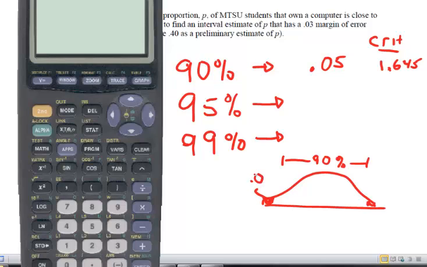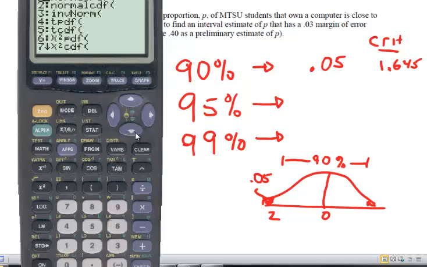So if that's 0.05, how do I find this value here for z? I use the inverse norm, right? So I'm going to press second, distribution, inverse norm, and we can put in 0.05. Now it's going to spit out the negative, but we're always going to use the positive. So the critical value is 1.645.